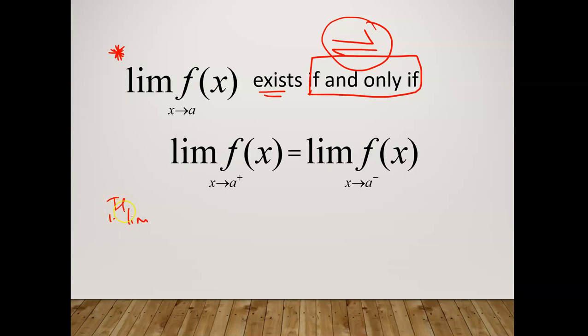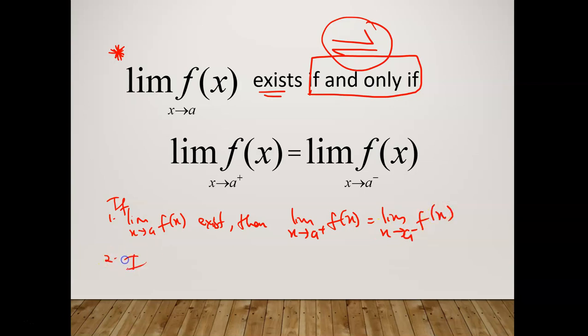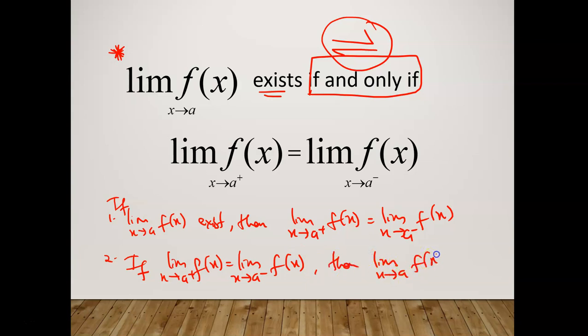The first one, if the limit as x approaches a of f(x) exists, then the limit as x approaches a positive of f(x) equals the limit as x approaches a negative of f(x). Statement number 2, the other way around, if the limit as x approaches a positive of f(x) equals the limit as x approaches a negative of f(x), then the limit as x approaches a of f(x) exists. That's the thing.